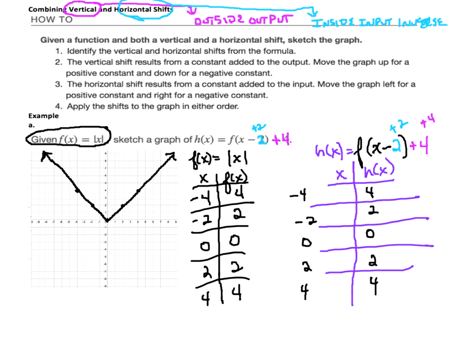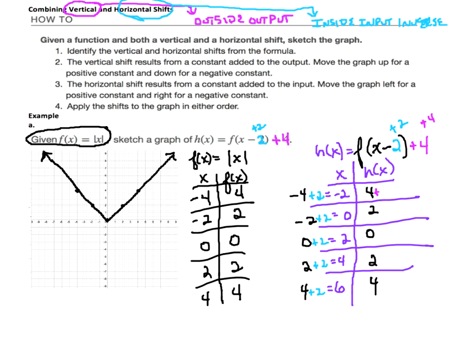On my input values, they need to be shifted right 2, right 2, right 2, right 2, and right 2, which gives me new input values of -2, 0, 2, 4, and 6.